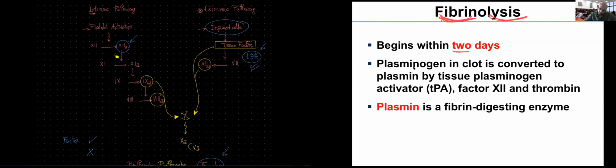So I've got factor 12. It was one of the coagulation factors that get activated in the intrinsic pathway. Injured cells are going to be releasing tissue factor. Also, they are releasing the tissue plasminogen activator, which enhances the blood clot degradation.